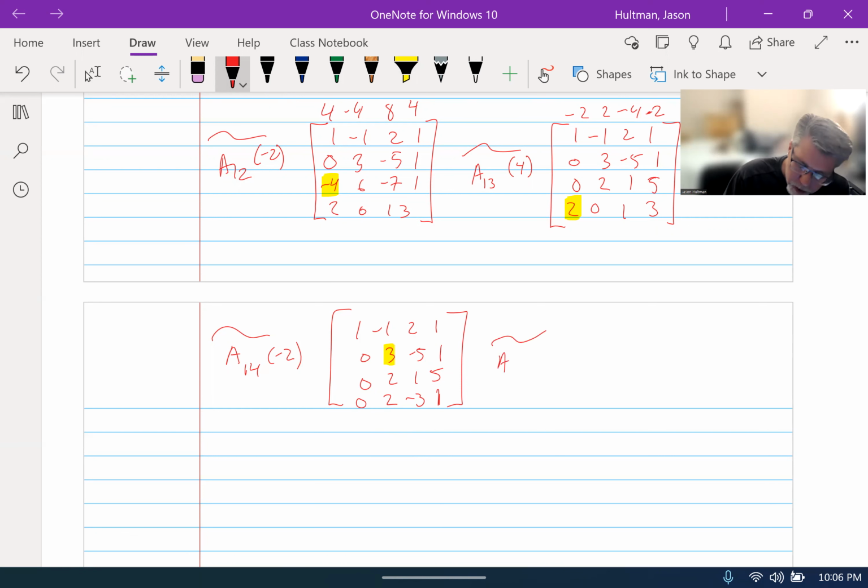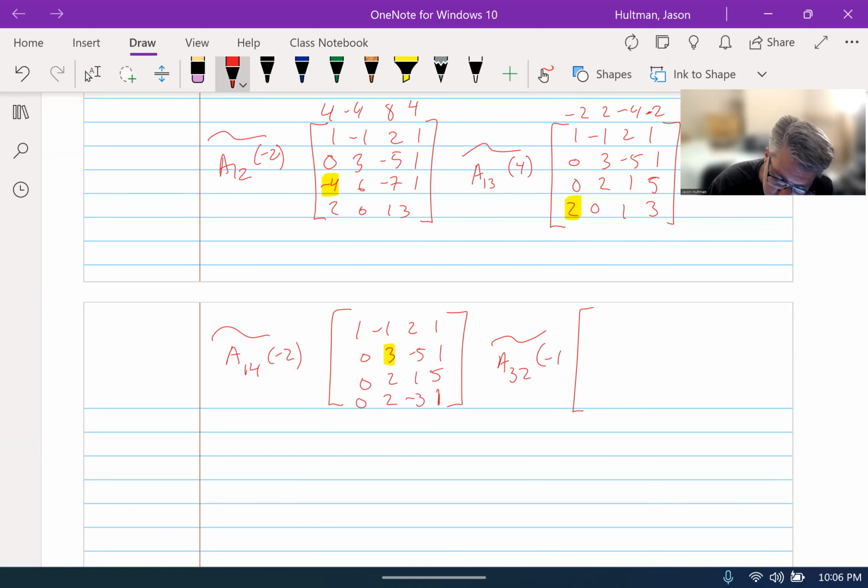Now I'm going to multiply row 3 by -1. So that's going to be A3, and then I'm going to replace row 2 when I add those 2 rows together. So A3, 2, and then the value that I'm wanting to multiply by is -1.